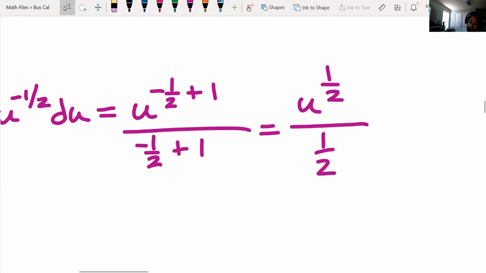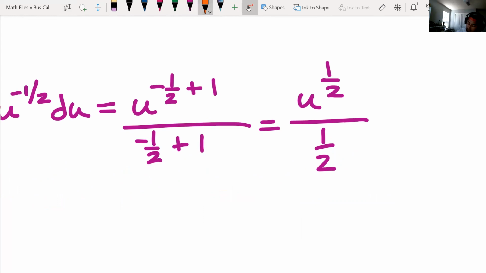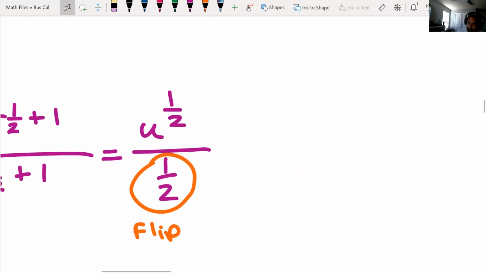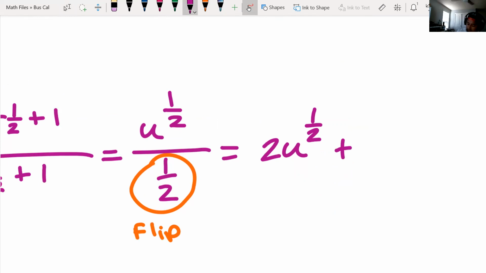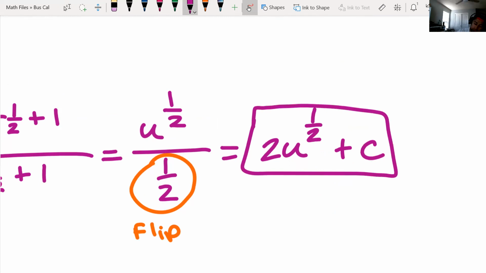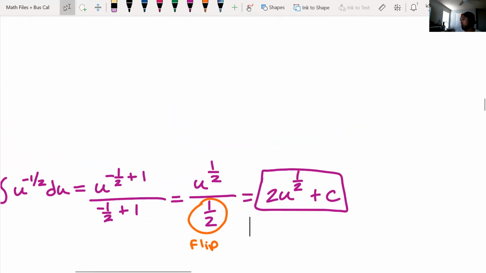And we can't have that fraction in the denominator, so we will flip, which means the 2 goes to the numerator, the 1 stays in the denominator. So our final answer is 2u to the 1/2 plus c, or 2 square root of u.